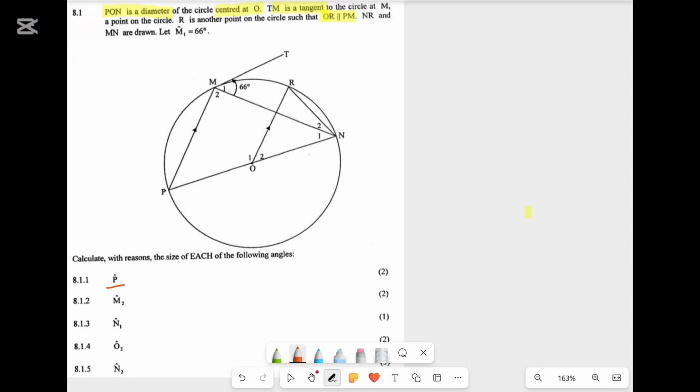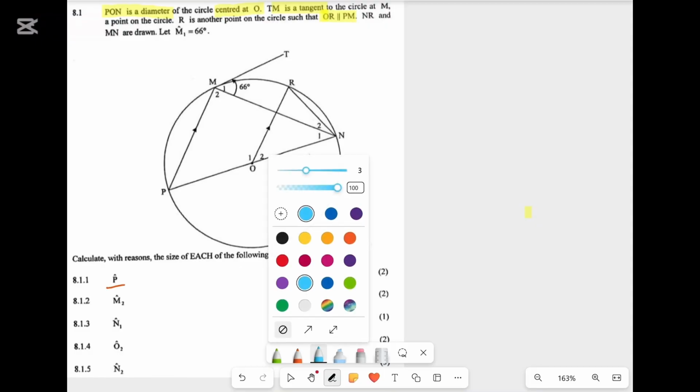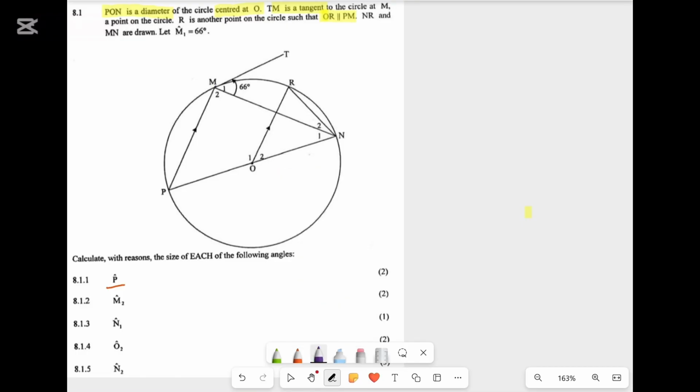Okay, now you can see that here we have a tangent. So here is our tangent. So we have a chord. Our chord here is MN. There is an angle between the tangent and the chord, which is equal to 66 degrees.